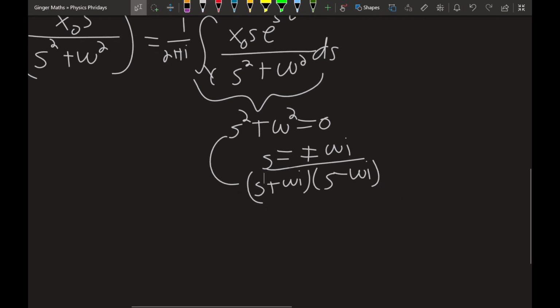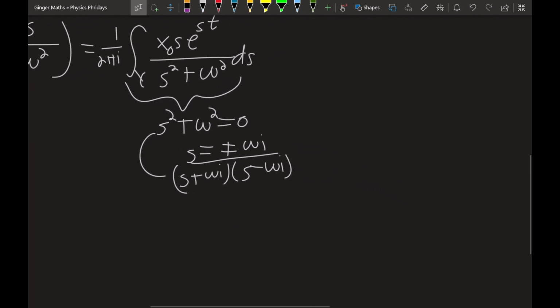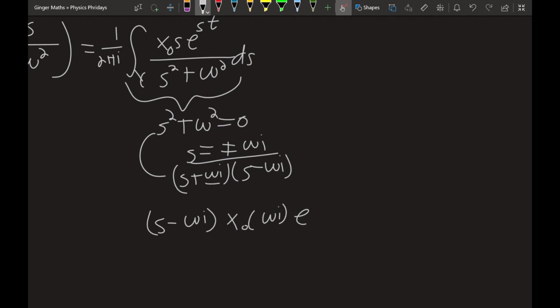Let me zoom out a tiny bit. What we're going to get, I'm going to start by plugging in this right here, actually. So we're going to get our s minus omega i times x naught times omega i e to the omega i t divided by s, well it's s squared plus omega squared, but I'm just going to factor it.